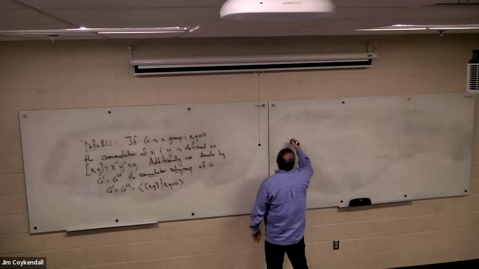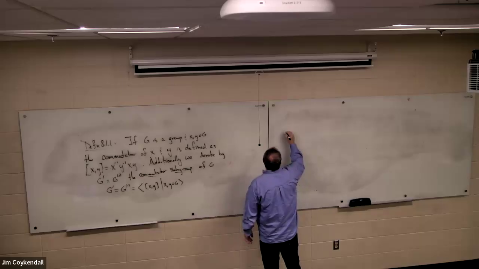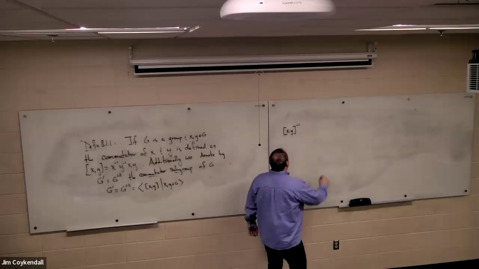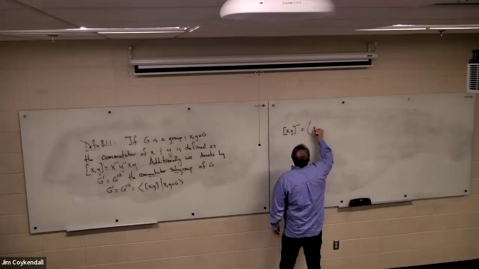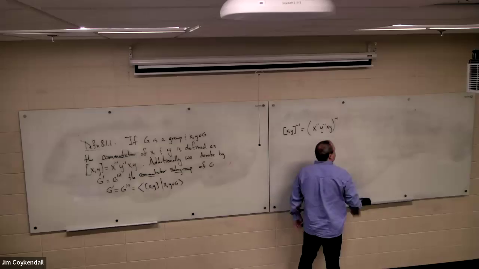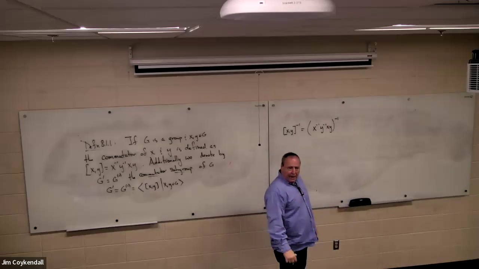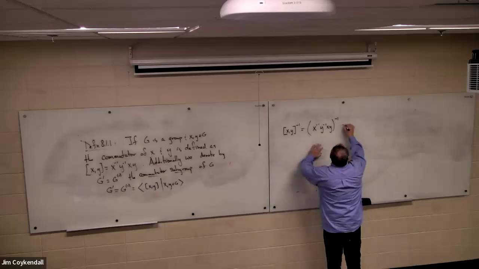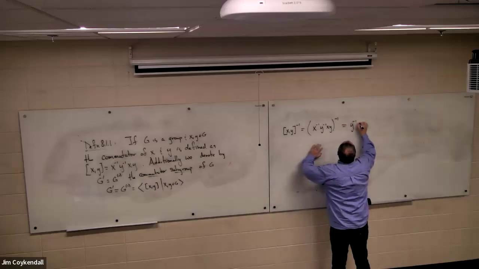In other words, if you take the inverse of a commutator, we know in group theory, to get the inverse you do the inverse of everybody in reverse.